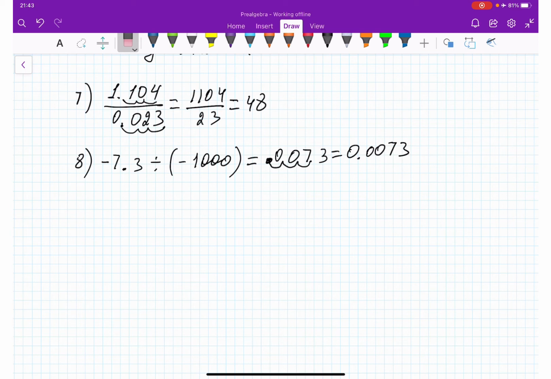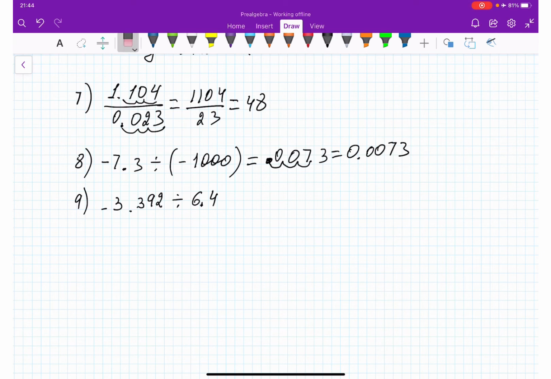Question number 9. Negative 3.392 divided by 6.4. Okay, so I'm dividing by this number. It has a decimal notation, so I need to move it, right?